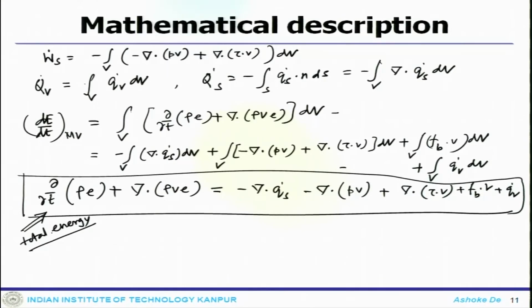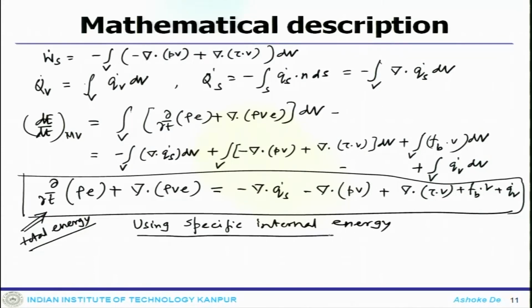Now, the energy equation could be written in multiple different forms. For example, one can write it using only the specific internal energy, U bar.